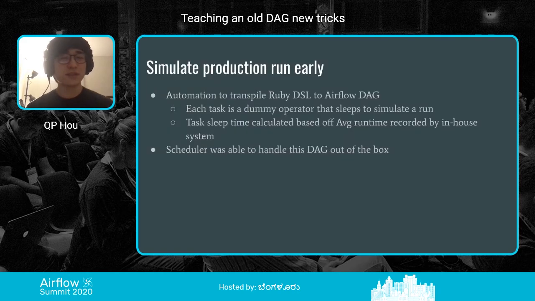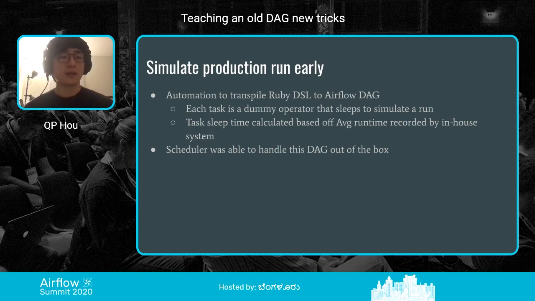So the first thing we did was to try to simulate the production run in Airflow as early as possible, right? I think this is one thing that we did really well. The way we did that is we wrote some automation to translate the Ruby DSL into an Airflow DAG. In the old pipeline, all the task dependencies are defined in a DSL, and each task in the new Airflow DAG is basically a dummy operator that sleeps to simulate a run, basically a remote API call and waiting for the call to finish.